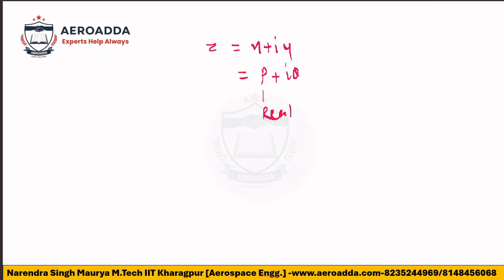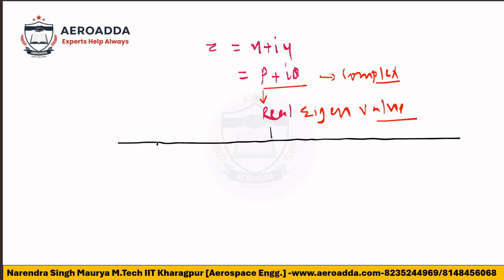Now for the real eigenvalue, this p has three possibilities: p is zero, p is positive, p is negative. Correct?